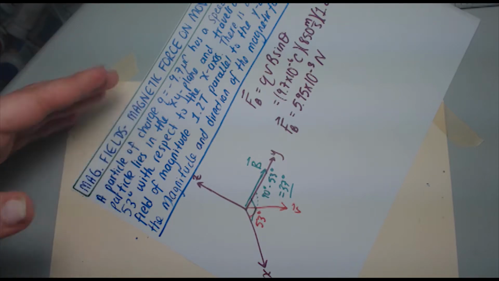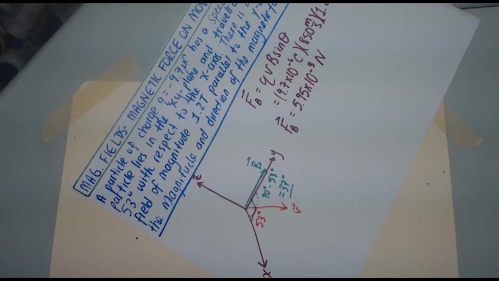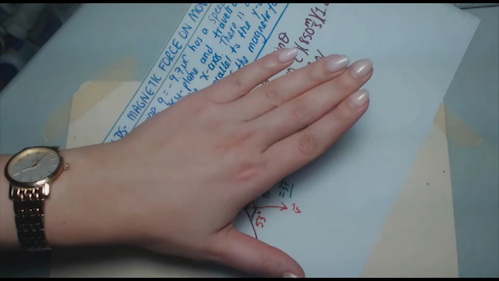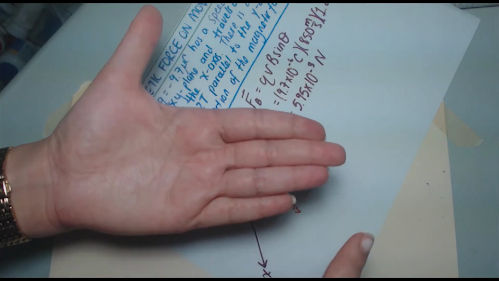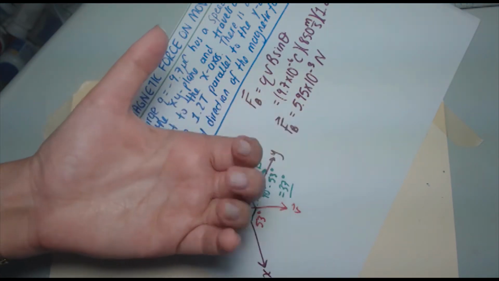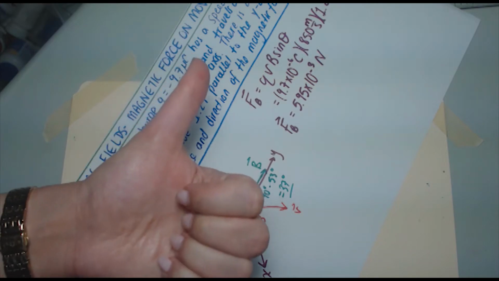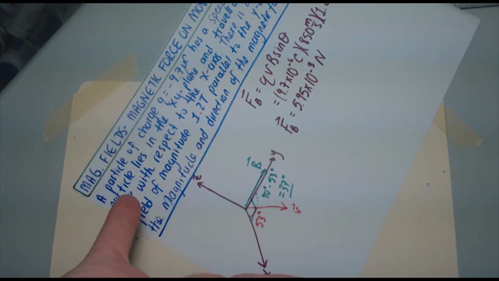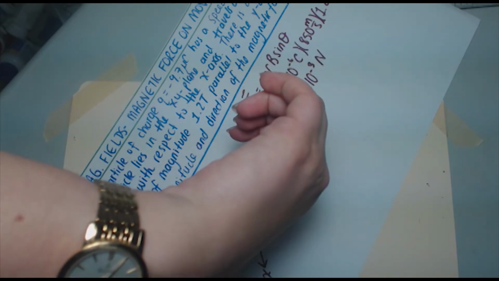Or you can see it like this. I personally like this a lot better because I don't have to keep making negatives. If it's a negative particle, I use my left hand. So here's my left hand. My fingers, same thing, are going to curl from the first vector to the second vector, and my thumb points in the direction of the last vector, which is F. So notice if I go F cross B, where's my thumb pointing?